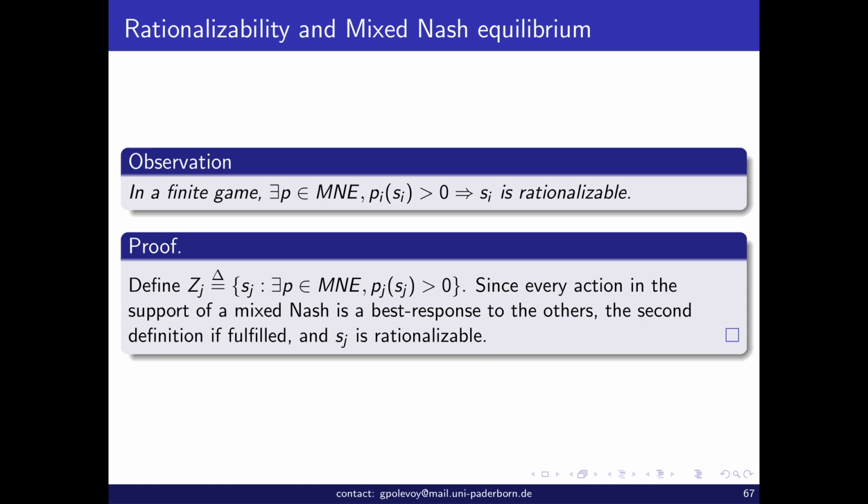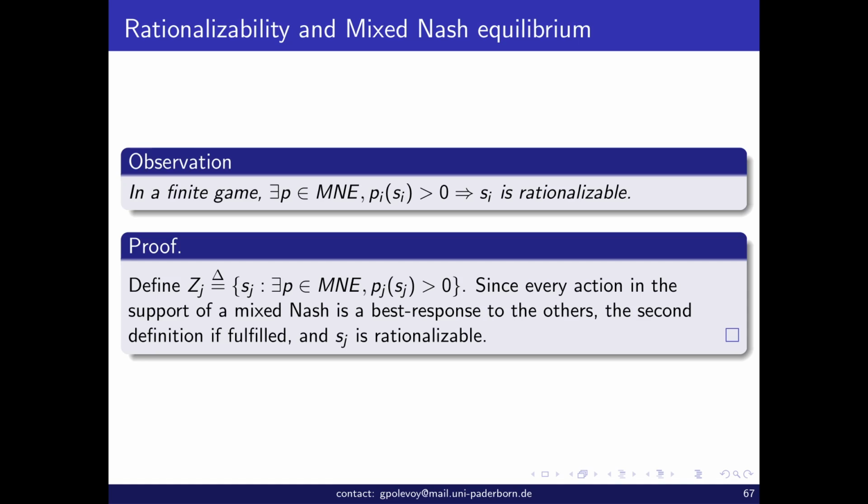Now, a simple observation. In a finite game, given any mixed Nash equilibrium P, any pure strategy in its support is rationalizable. Now, a rationalizable strategy is defined only for a pure strategy, because if we look at the mixed game as our original game, then the mixed strategies are pure in that new game.